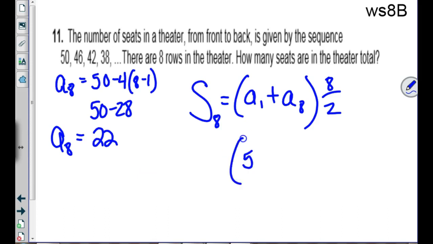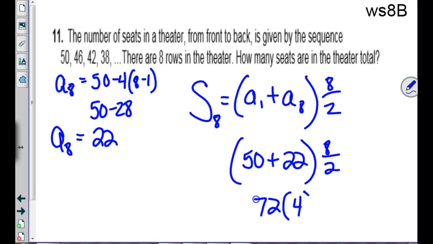So the first term was 50 and the 8th term was 22. So we'd have 72 times 4, 288 maybe? I don't care if you find all 8 terms and add them up. Just do it carefully. Any questions?